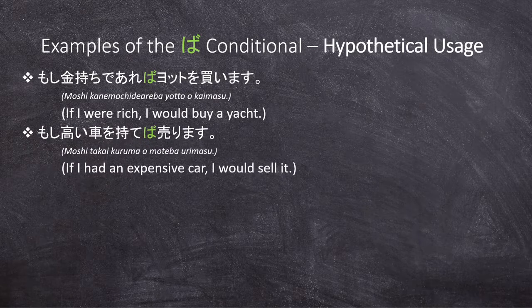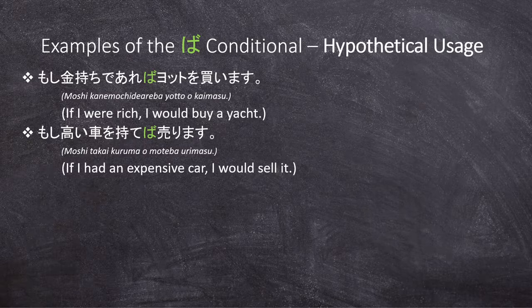Now, our second sentence follows the steps of the first one and also expresses something that is hypothetical. Moshi takai kuruma o motteba urimasu. If I had an expensive car, I would sell it. As you can see here, once again, we have included the supplement moshi to open our conditional sentence, and we are saying basically that if we had an expensive car, we would resell it to get more money.